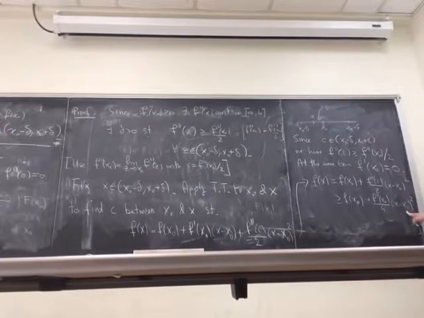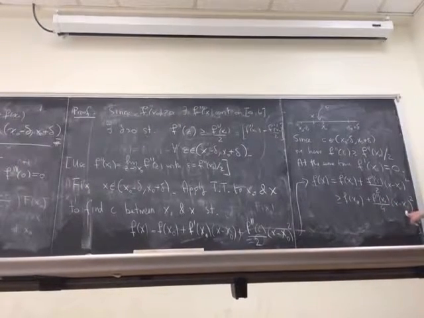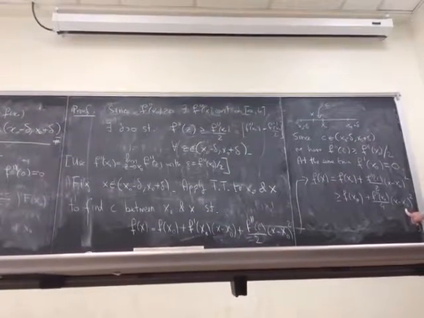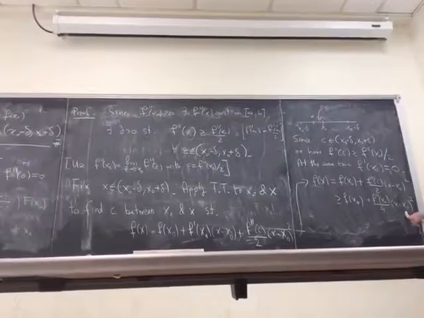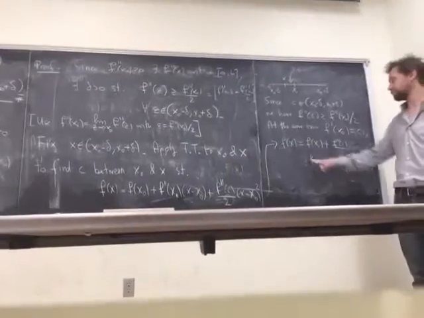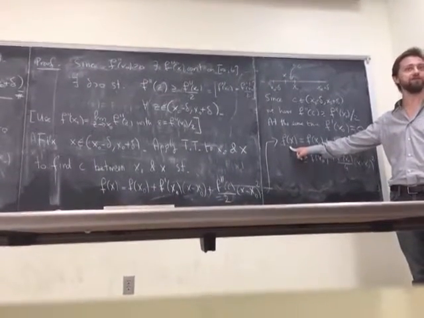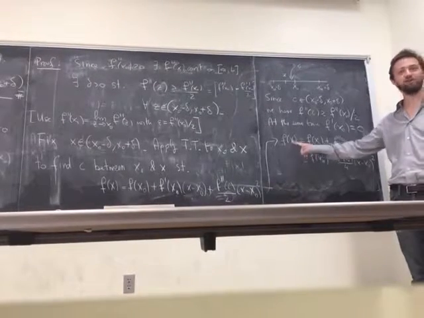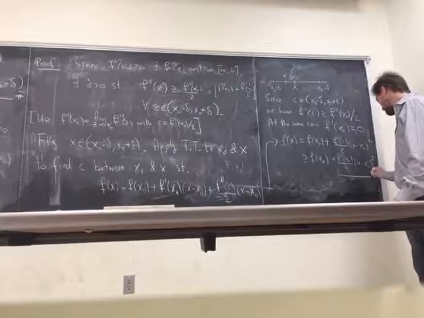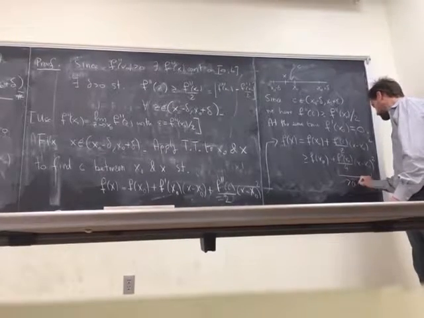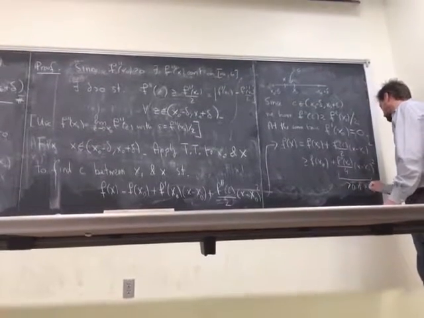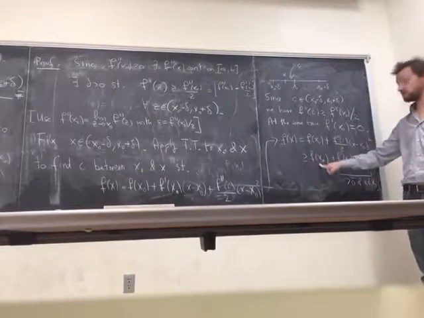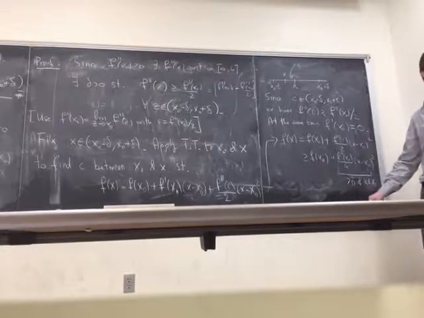So x minus x naught squared is positive, if x is different from x naught. Otherwise it's 0. If I want to compare f of x naught with f of x naught, I don't need it here, right? So let us directly consider the case that x is different from x naught. So this thing here is strictly positive if x is not x naught. So if x is not x naught, f of x is strictly larger than f of x naught.